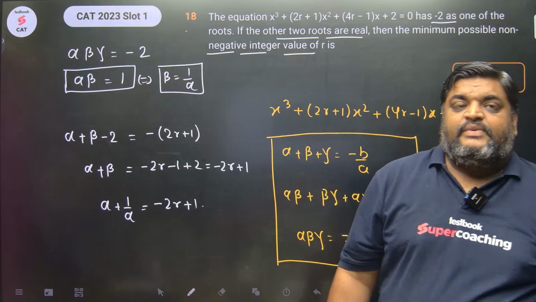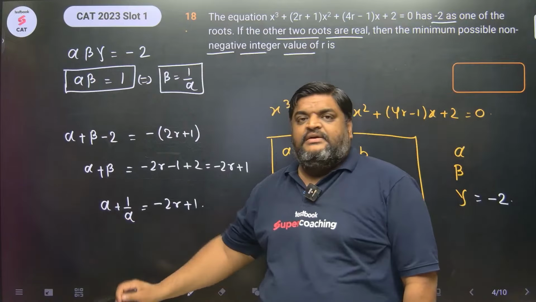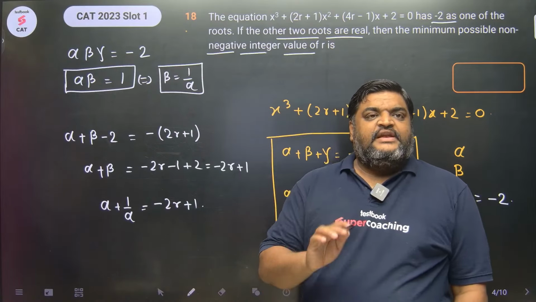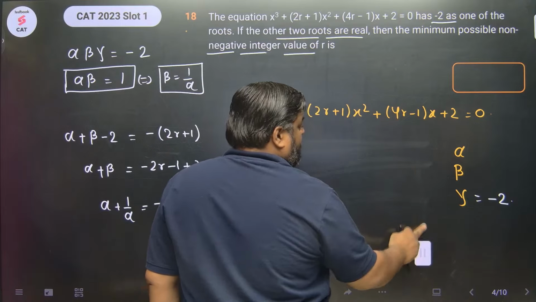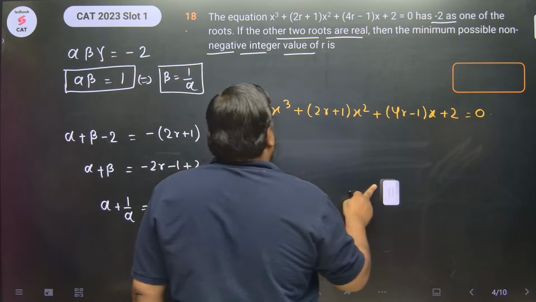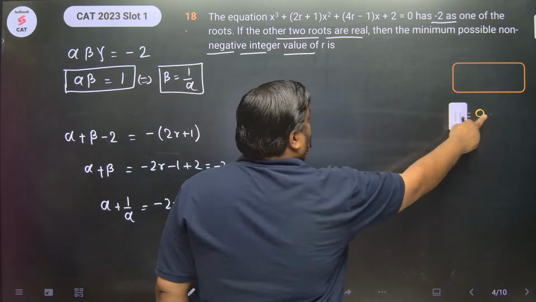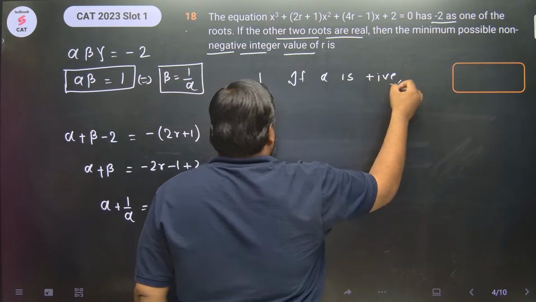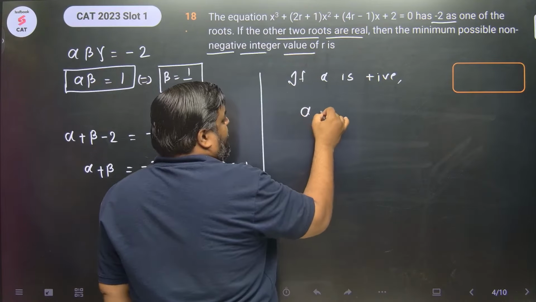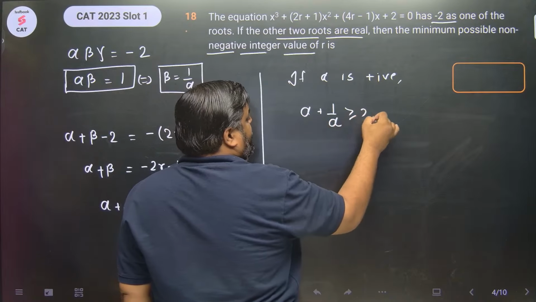And we know the range of alpha plus 1 by alpha. What is the inequality associated with alpha plus 1 by alpha? Sir, if alpha is positive, then alpha plus 1 by alpha is greater than or equal to 2, right?